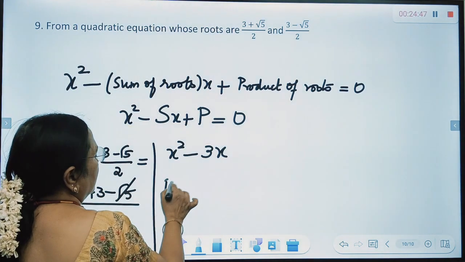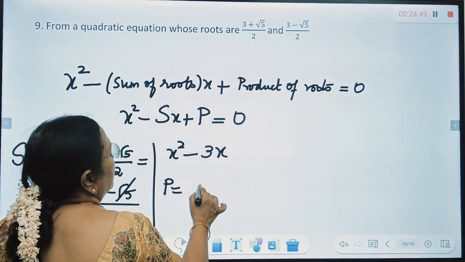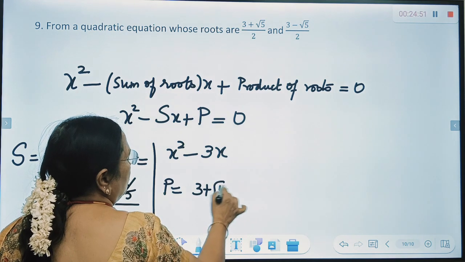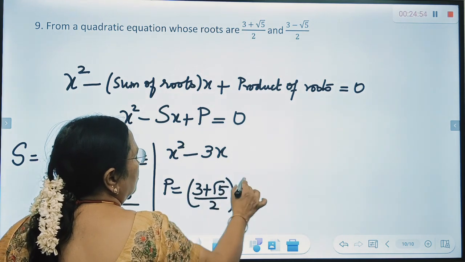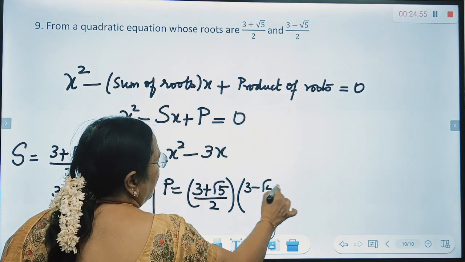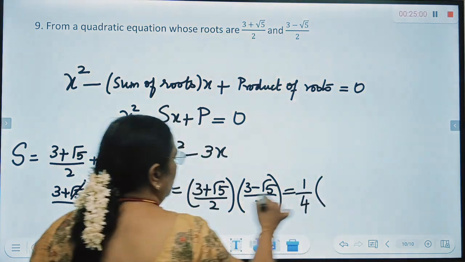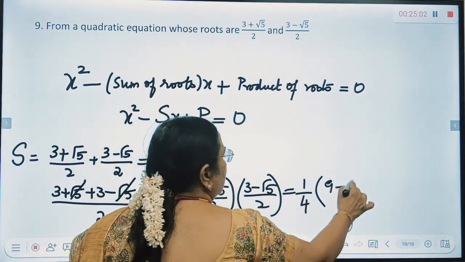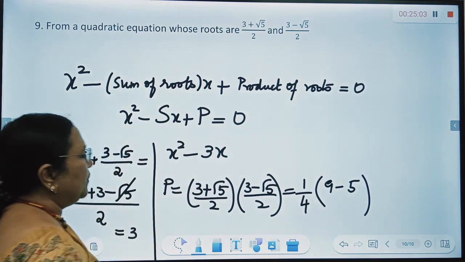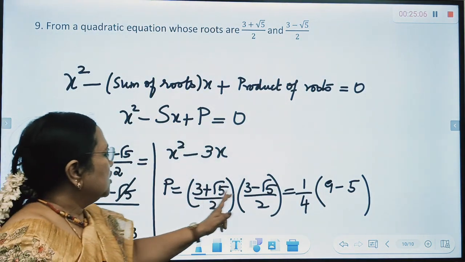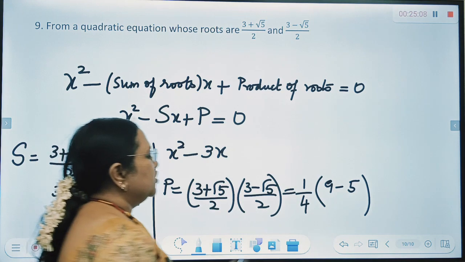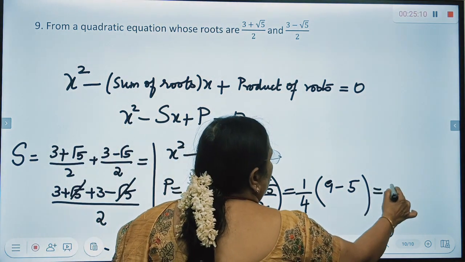What will be the product? Product will be 3 plus root 5 by 2 into 3 minus root 5 by 2, which is 1 by 4 into 9 minus root 5 whole square. A plus b into a minus b is a square minus b square. So 9 minus 5, which is 4 by 4, which is 1.